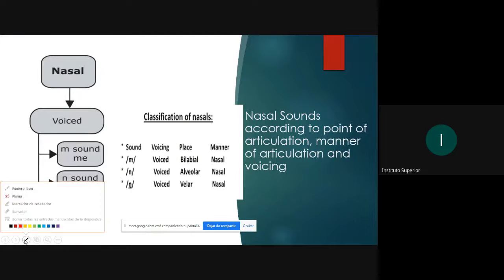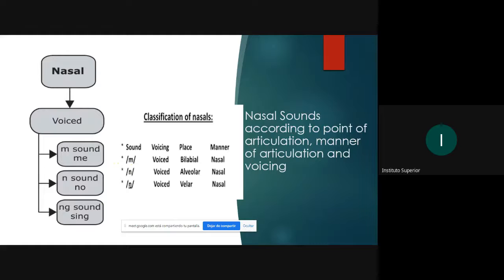M is voiced, bilabial, and nasal. Thank you. This one? Voiced, alveolar, and nasal. Okay, good.